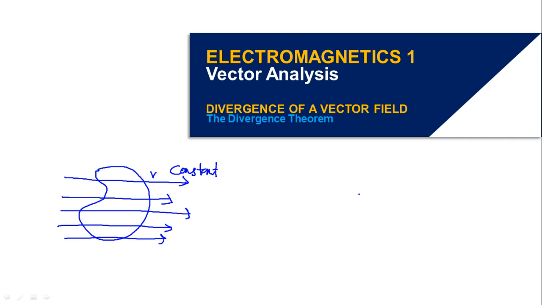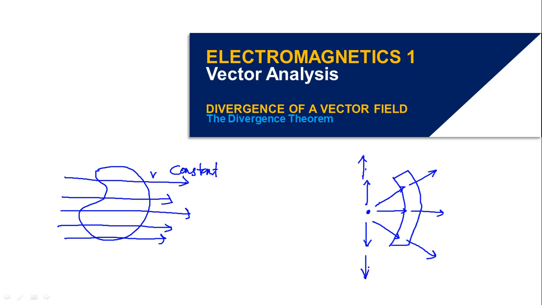So, meron pa tayong isang illustration. For example, dito meron tayong point source and meron tayong object. Kasi meron tayong vector coming out from this point source, going out radially in all directions.